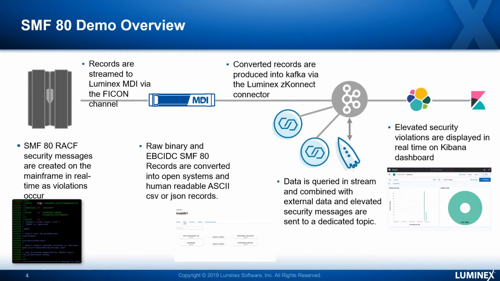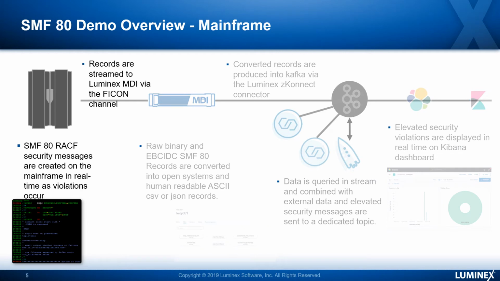They're converted and sent out in ASCII, either CSV or JSON records. We have the option of doing those or some other formats. Then they are transmitted into Kafka via the Luminex Z-Connect connector for Kafka. Data there is queried and manipulated in different ways off of the Kafka server, and in our case we're actually then taking those and displaying them in real time in a Kibana dashboard.